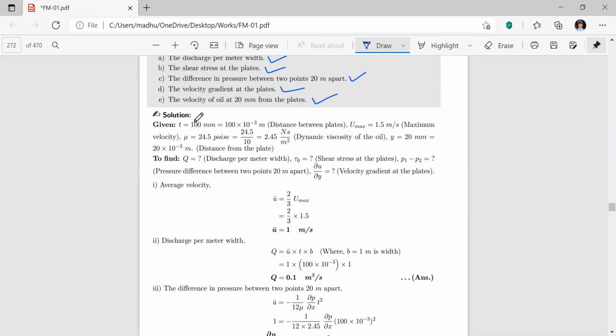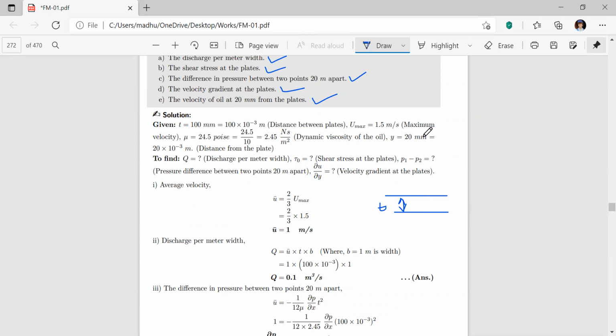Write down the data. t is equal to 100 millimeter, that is 100 into 10 to the power of minus 3 meter. If you are having two plates, this is the gap between the two plates, t. U maximum happens at the center, that is maximum velocity at t by 2. Mu, viscosity, is 24.5 poise, that is 24.5 divided by 10, which is equal to 2.45 Newton second per meter square.